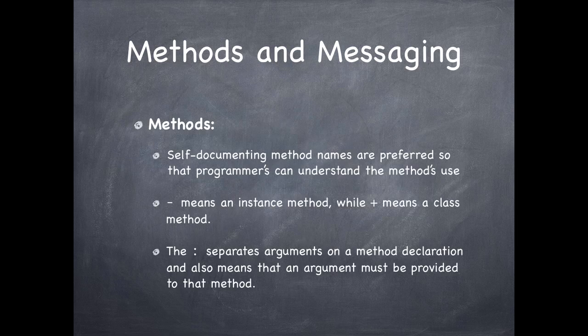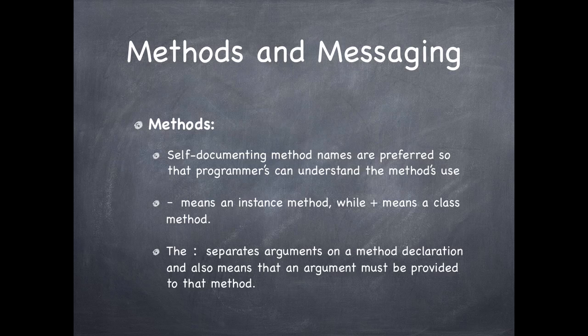Again, methods should be self-documenting. What I'm trying to say is that there are methods that have really long names. It could be annoying for you as a programmer, but in Objective-C, by Apple, and in the iOS world, we do recommend writing a self-documenting method signature so that when you read it, it's pretty much like plain English.